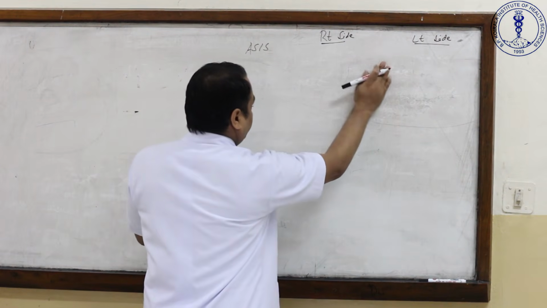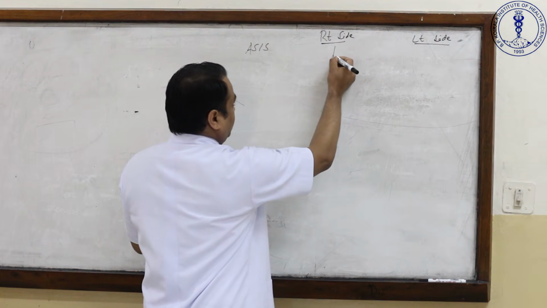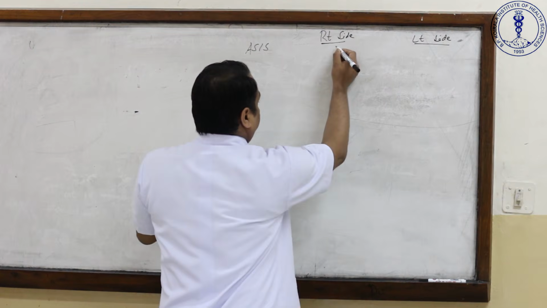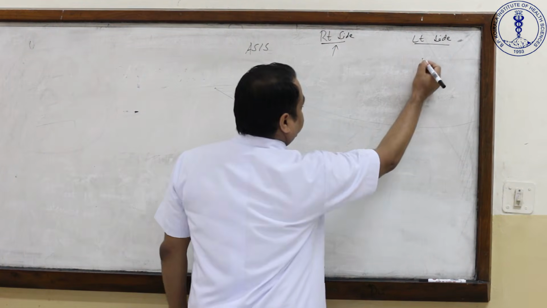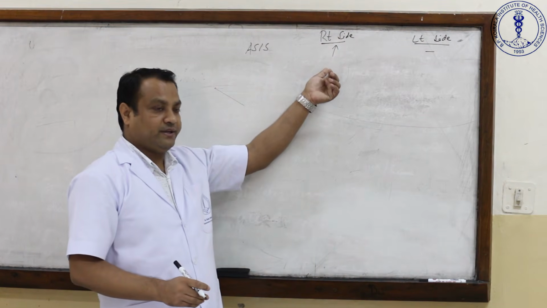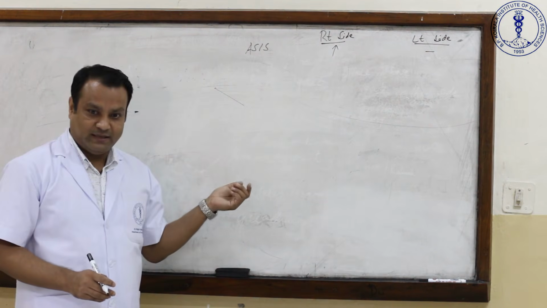Let's say the ASIS on the right side is at a lower level, and on the left side it is at a higher level. We are considering our hypothetical case of how to tabulate.